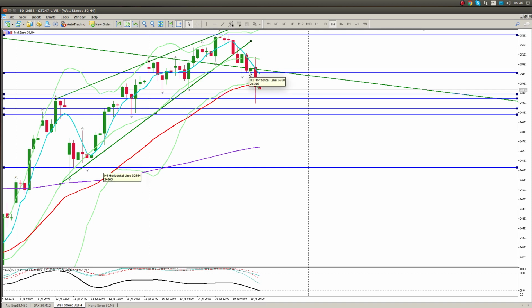So by the looks of things, 25,000 is going to hold, and this is the first area of support, so that'll be 24,950 area is the first level, and then 24,900 is the second level. If we break through 24,900, then you can expect us to target this bottom level here of 24,660.